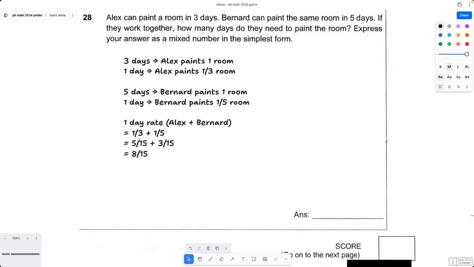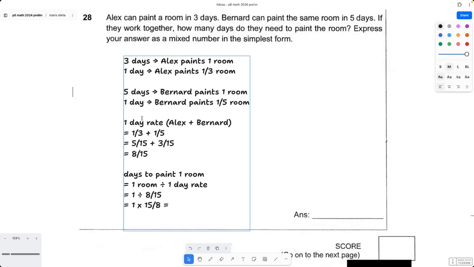So then the days to paint one room is equal to 1 room divided by the one-day rate, which is equal to 1 divided by 8 out of 15. And when you divide fractions, that's 15 out of 8.